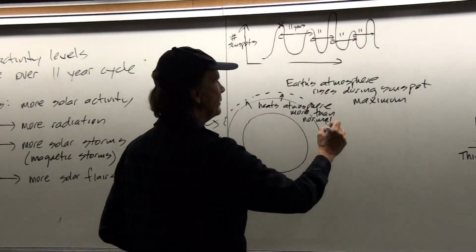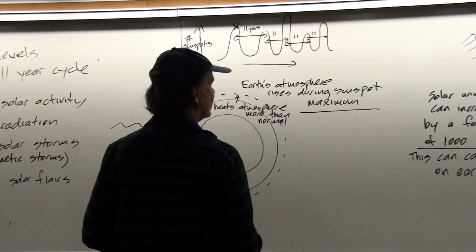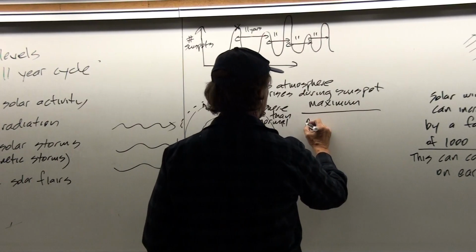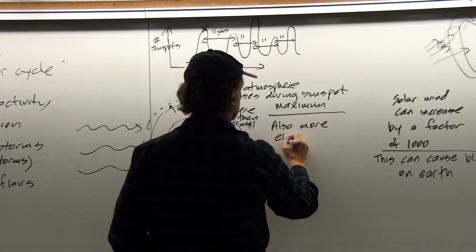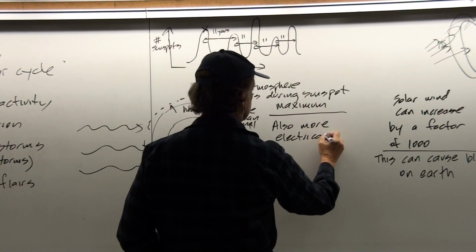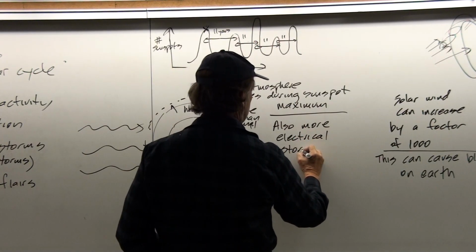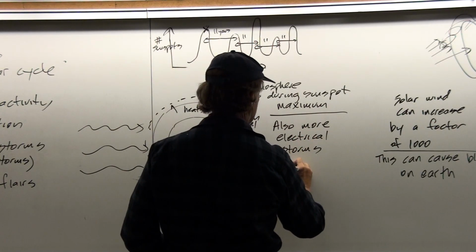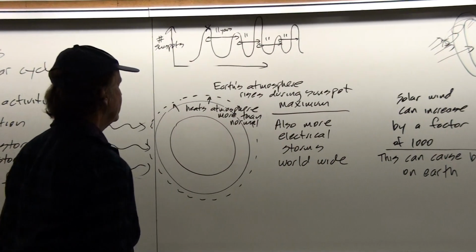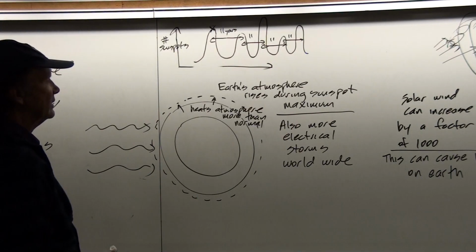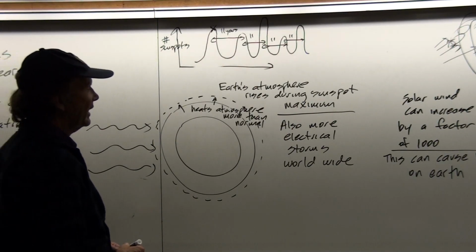Also, when we have sunspot maximum, it's been determined that there are more electrical storms worldwide when we have a peak in the sunspot activity.